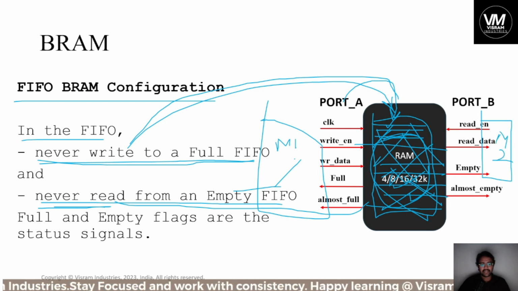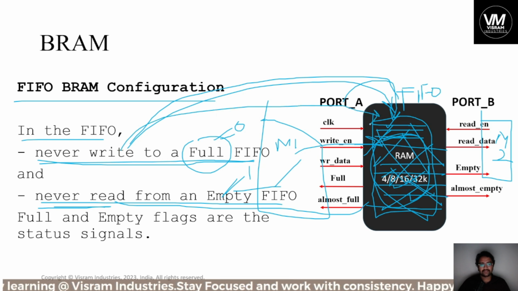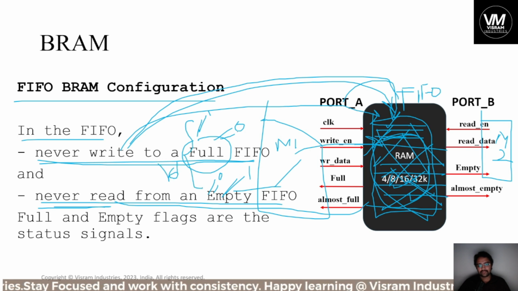So data from M1 goes to the FIFO only if full is 0, it is not full, and empty is equal to 1. Understood? Then only you can write. For the read, it is the reverse: full should be 1 and empty should be 0 for read, and this is for write.